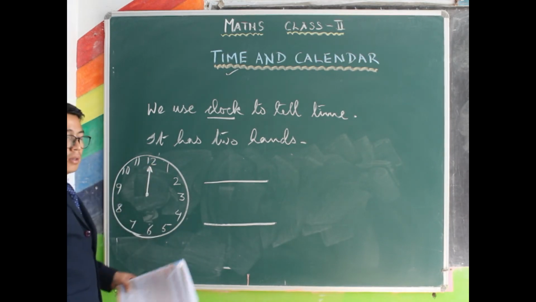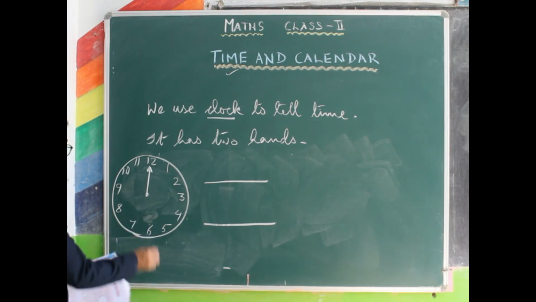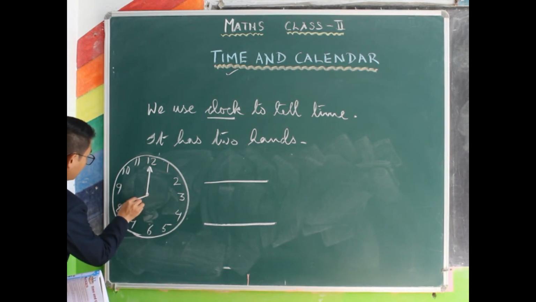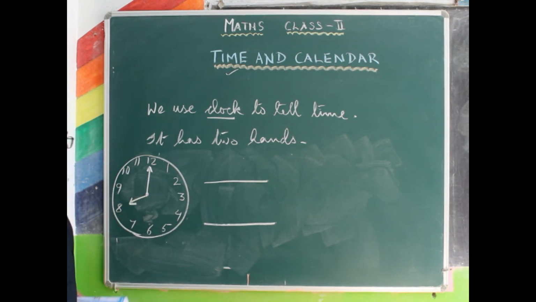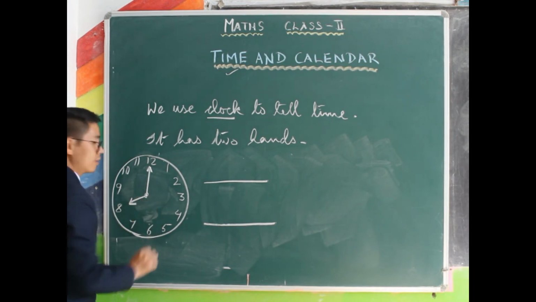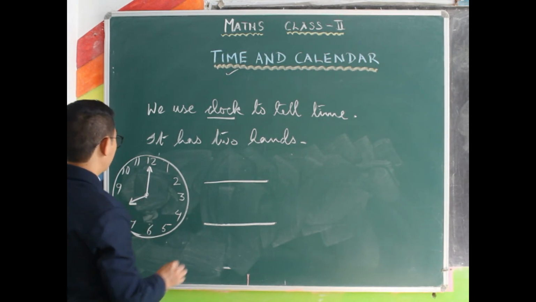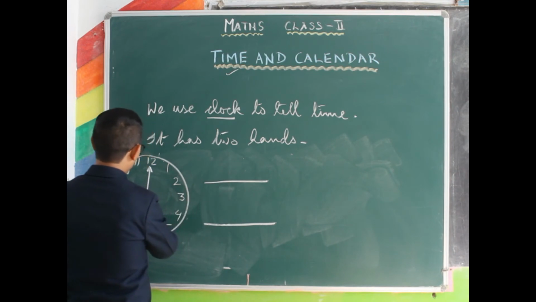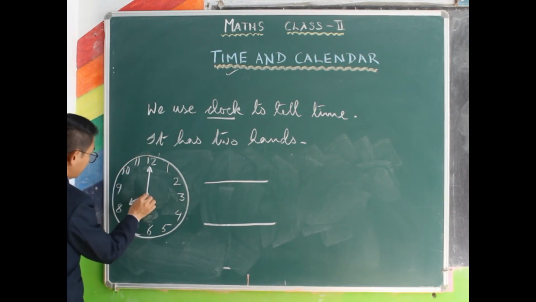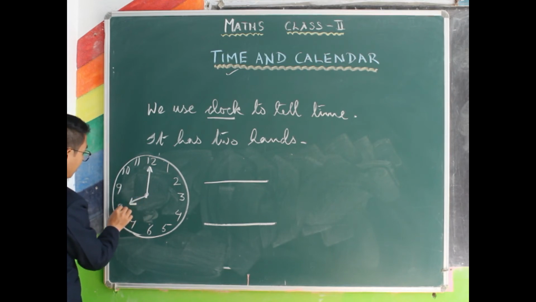And then the short hand, or the hour hand, is at 8. Now what's the time? It is sharp 8. Always see the short hand and write the number.